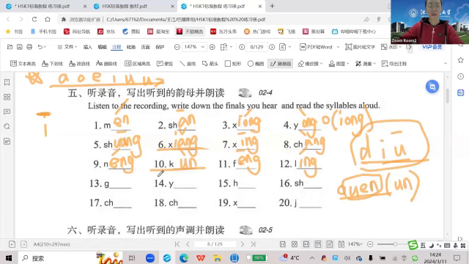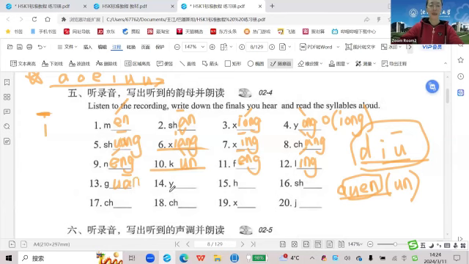Okay, good. The right answer is uan. The final is uan, and the tone is the first tone. So 关. Okay, the first tone. 关.